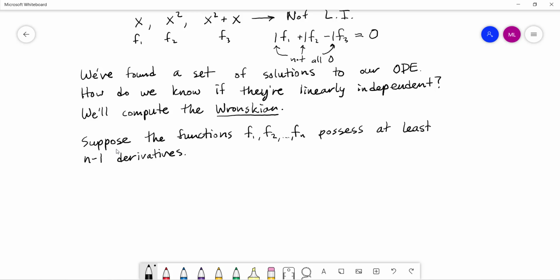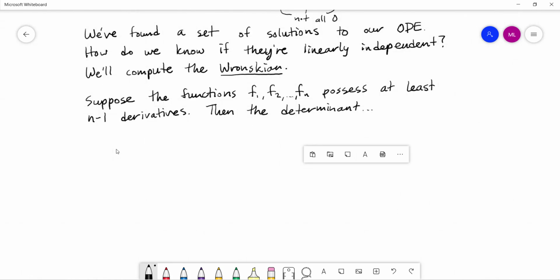If that derivative eventually winds up being 0, that's totally fine. The derivatives just have to exist. If that's the case, then the determinant, which looks like the following, we're going to use the notation W of f1, f2, ... fn. Notationally, this is just going to be ugly. This notation is just meant to define the following.